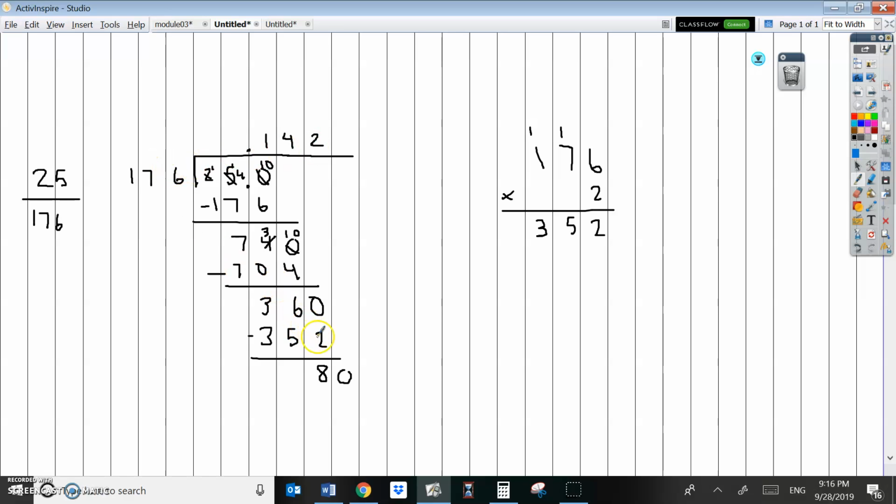Okay, now, can 176 fit into 80? No, so put in a 0. And bring down a 0. Can this fit into 800? Yes. So I knew that 4 times 176 was 704. Can I fit another 176 into 800? I don't think so.